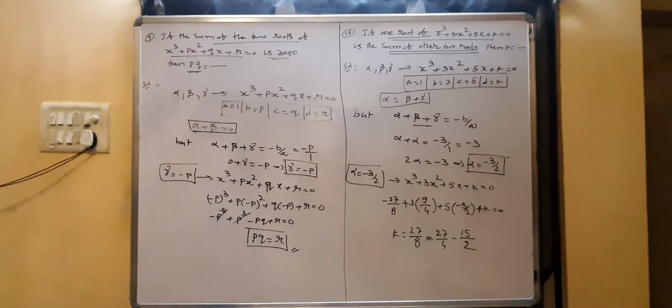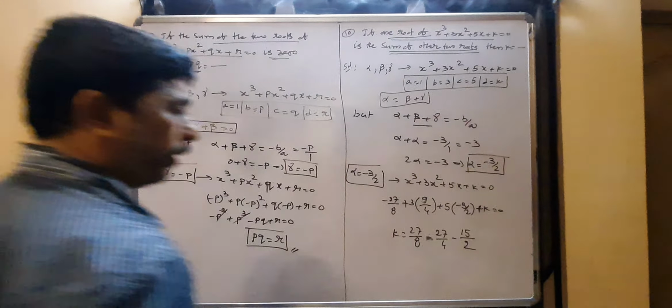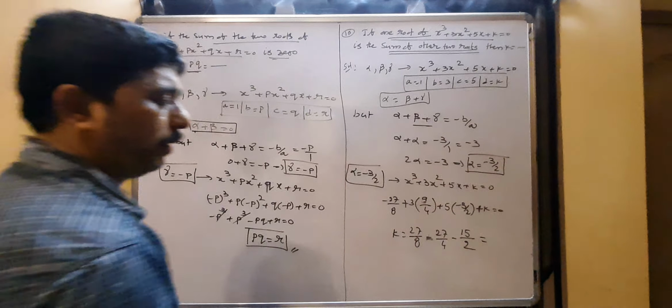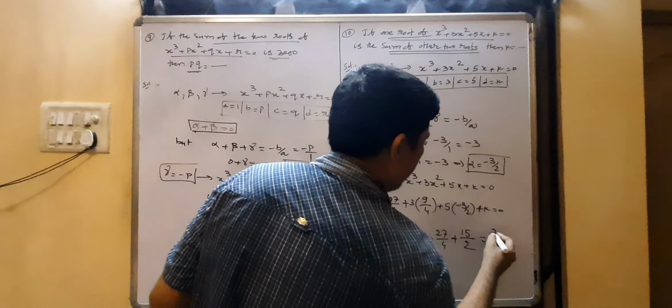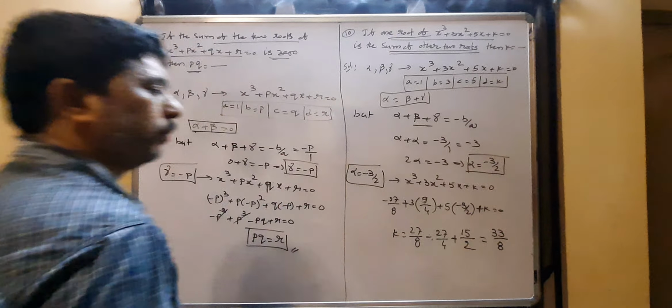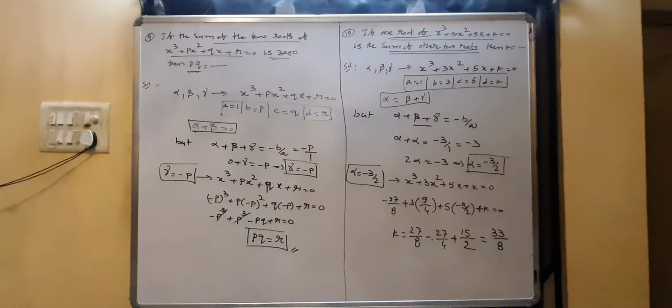You can take the LCM and do the calculation. We get the value of k as 33 by 8. Minus goes to the right side as plus, plus goes to the right side as minus. Copy the problem.